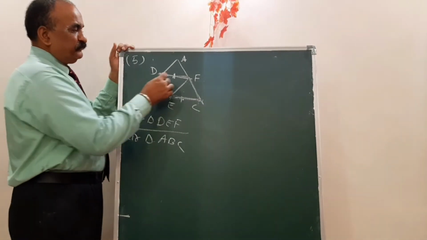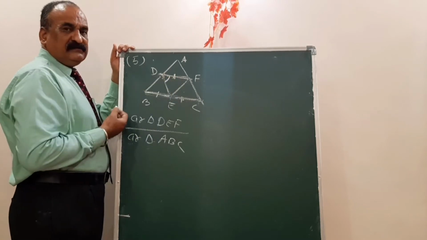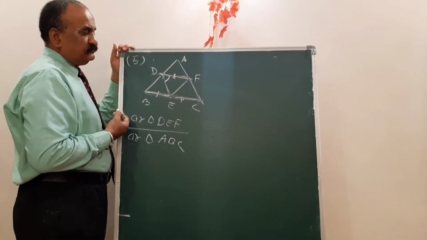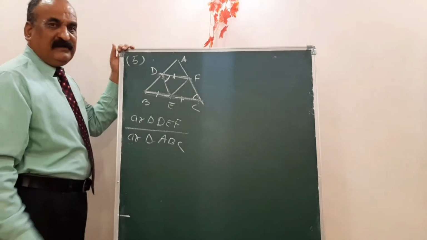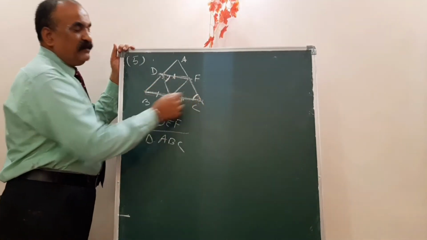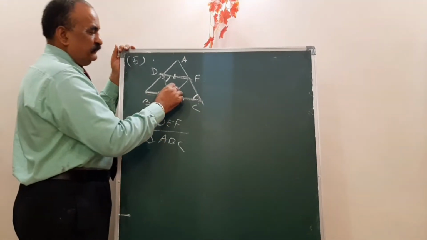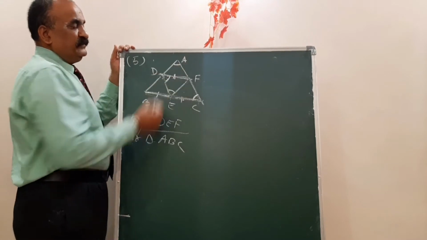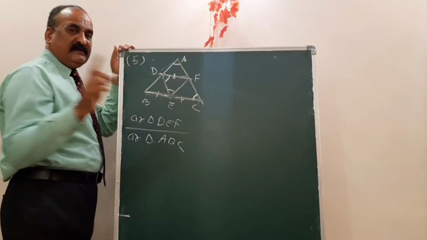Or you can do this angle, this angle, it is a parallelogram. And this angle, both the angles are equal because opposite angles of a parallelogram are equal. Now here, this angle will be this angle because this is also a parallelogram. It means opposite angles are equal.